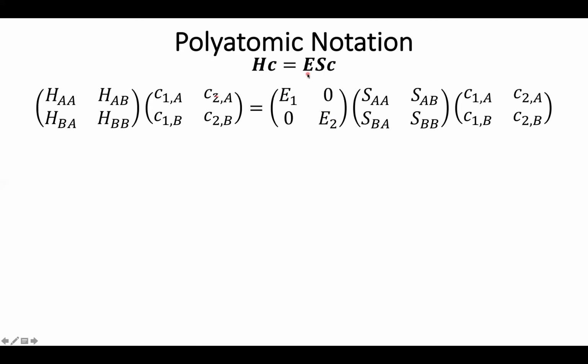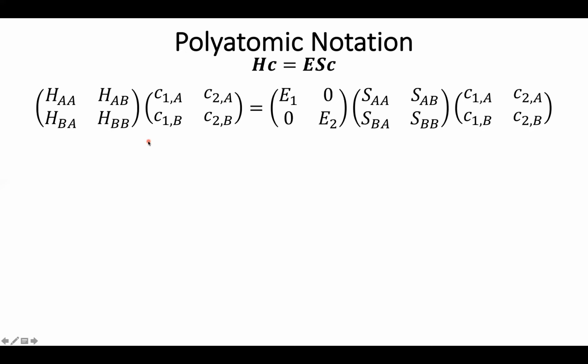What's actually quite unique is that my energies are representing what we call a diagonal matrix, where all of my off-diagonal elements have a value of 0, and my only values are on the main diagonal. So this is actually quite useful when we're trying to do matrix multiplication, and we'll be making use of it quite frequently as we go on.